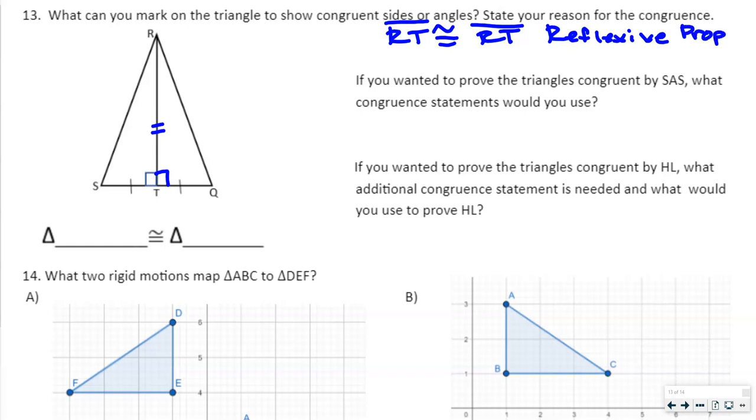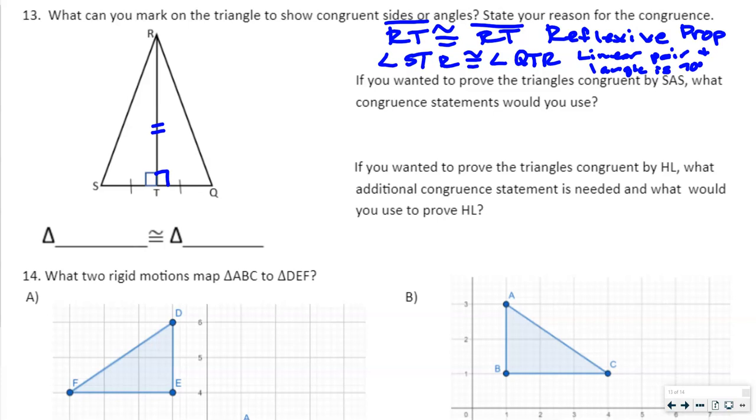And we can also say that angle STR is congruent with angle QTR. Why? Because they're a linear pair and one angle is 90. So the other one has to be 90, right, y'all? Okay, because 180 minus 90 is 90.